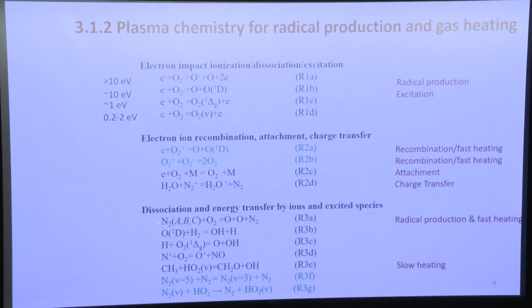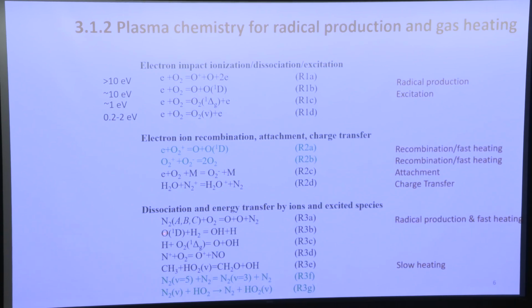And in the air, you generate dissociation reactions through excited molecules. For example, an electron collides with nitrogen to create electronically excited nitrogen. This electronically excited nitrogen can react with oxygen to form two O atoms. These two O atoms can accelerate the combustion process.